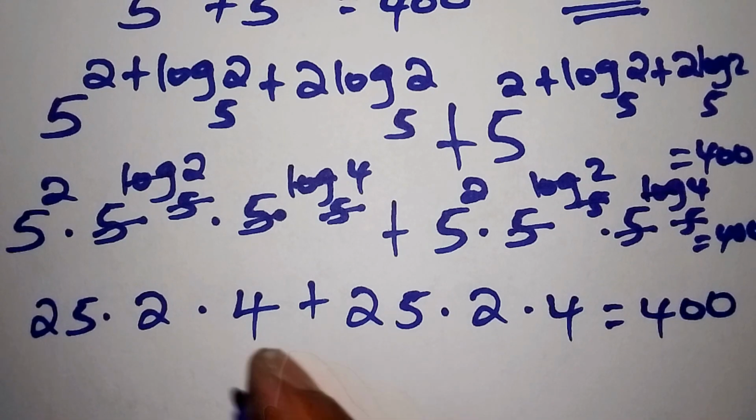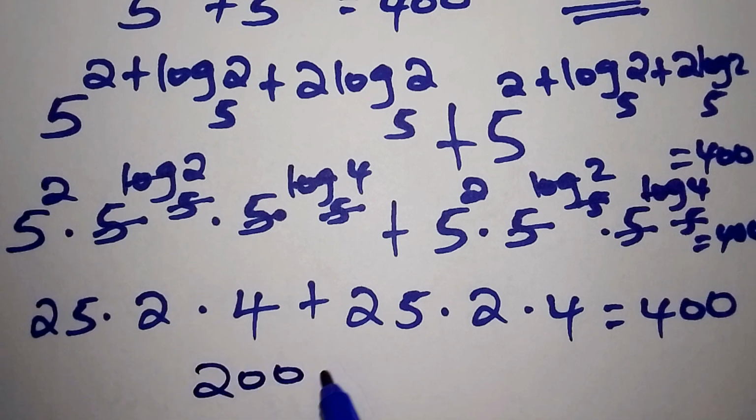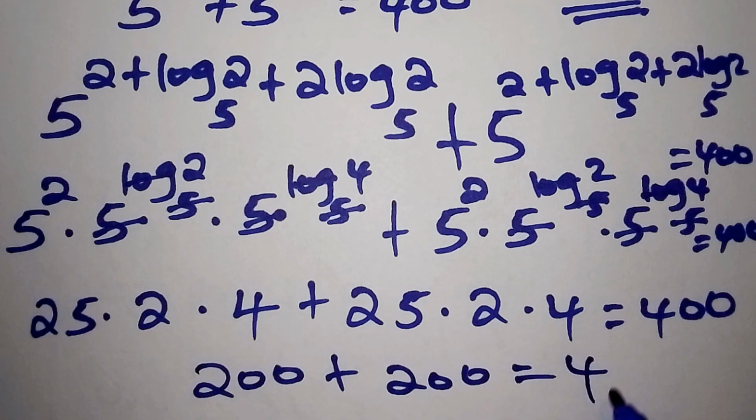So let's now work it out: 25 multiplied by 2 is 50, 50 multiplied by 4 is 200, then plus, this one is also 200, is equal to 400.